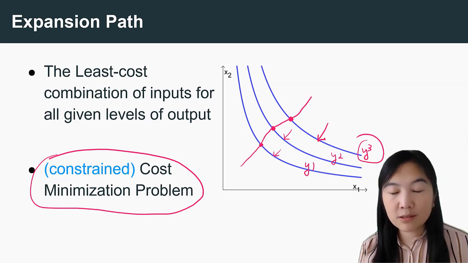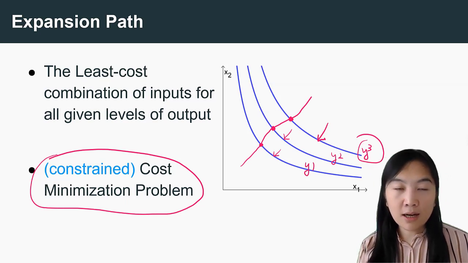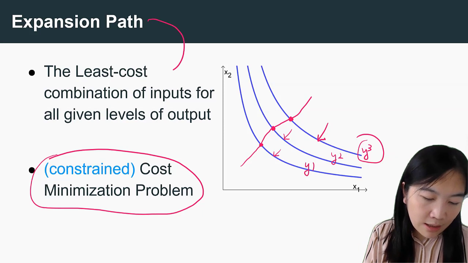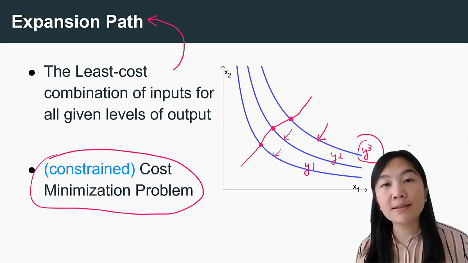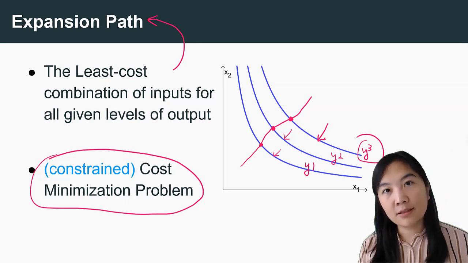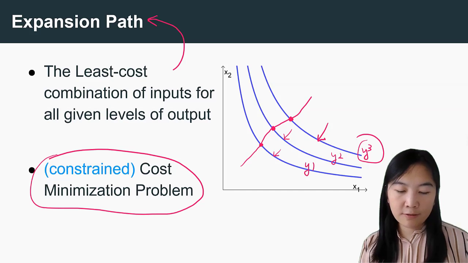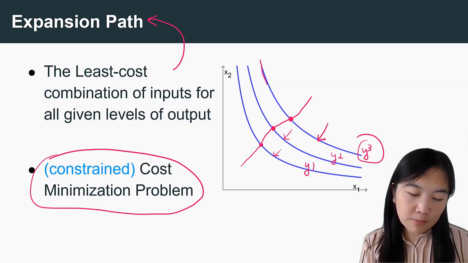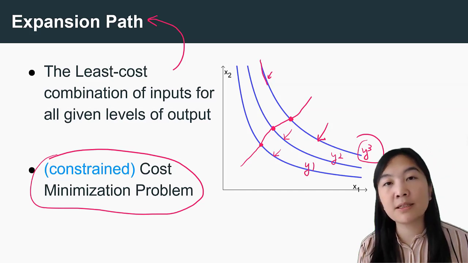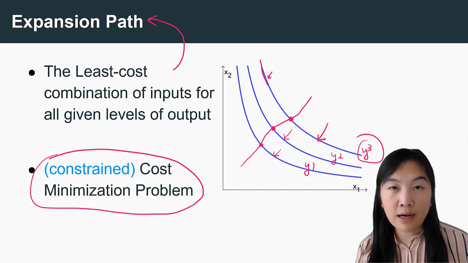Then if you connect all those least cost combination points, you get an expansion path. So the expansion path is for all given levels of output, where the producer solving the cost minimization problem is working on one particular isoquant curve.